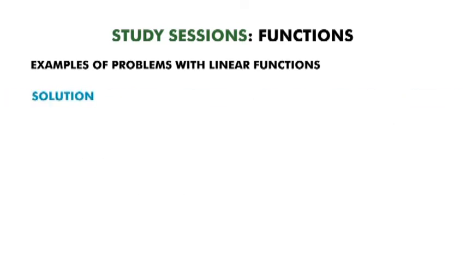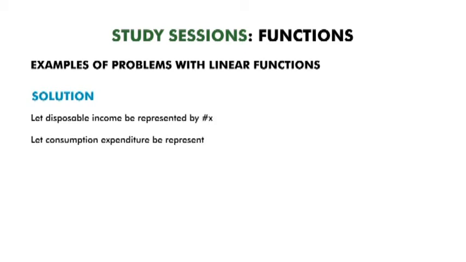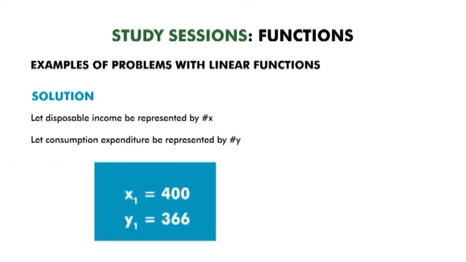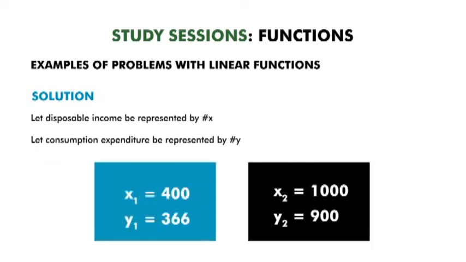Solution. Let disposable income be represented by naira X. Let consumption expenditure be represented by naira Y. When X1 equals 400, Y1 equals 366, and X2 equals 1,000, Y2 equals 900.